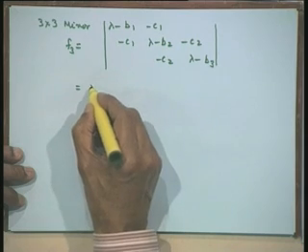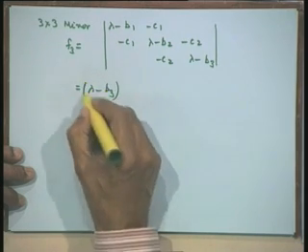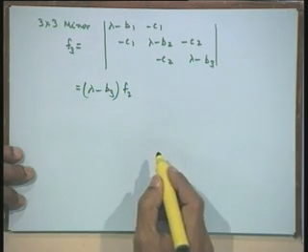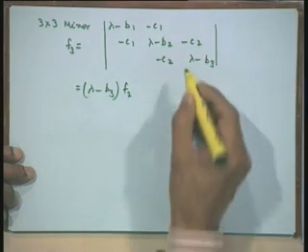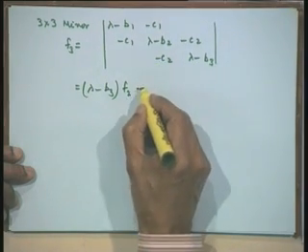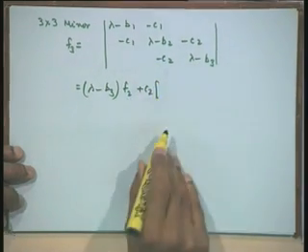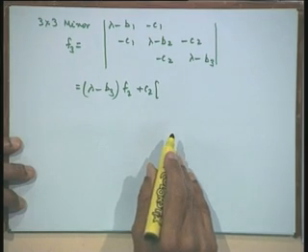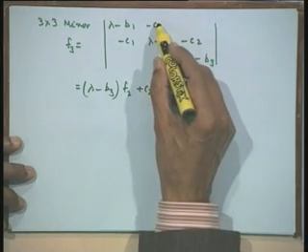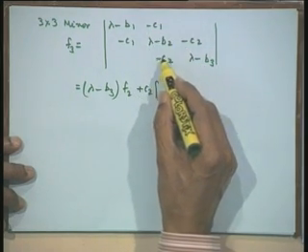So, this is lambda minus b 3 into F 2. Then minus of minus, that is plus c 2, and we have removed this column and this row.